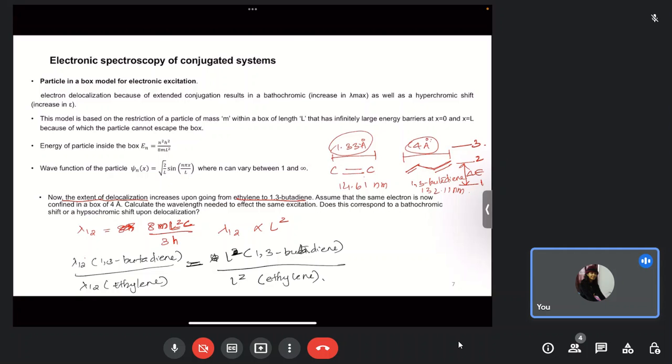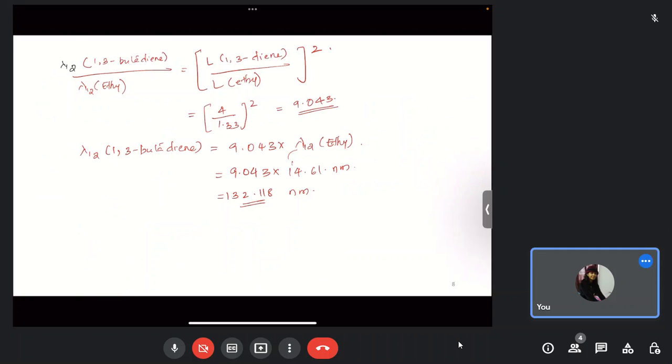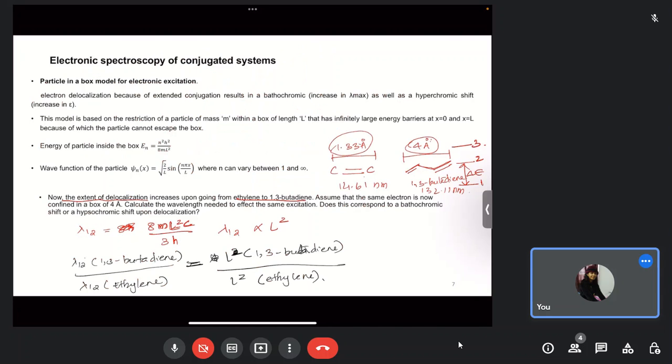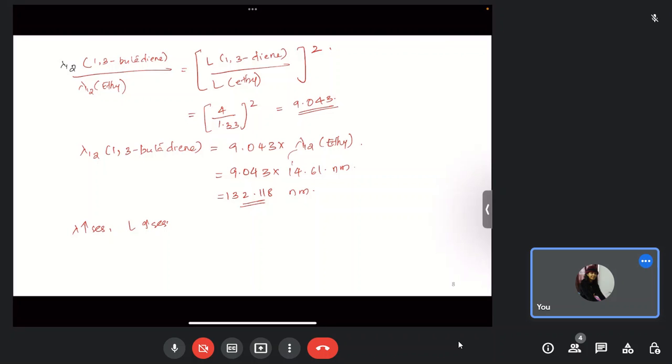So since lambda increases when L increases, we are seeing a bathochromic shift upon delocalization.